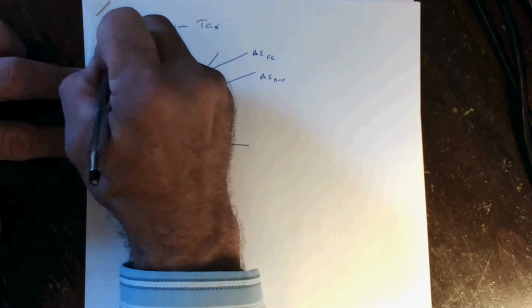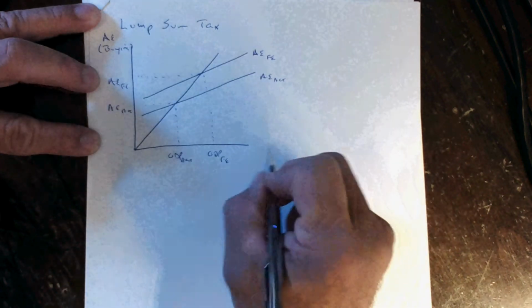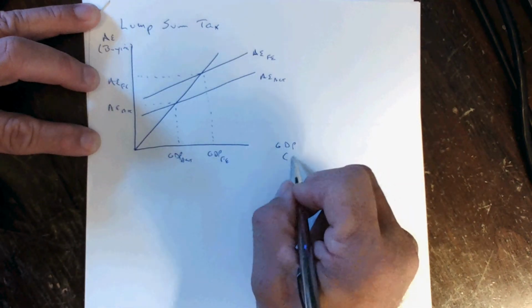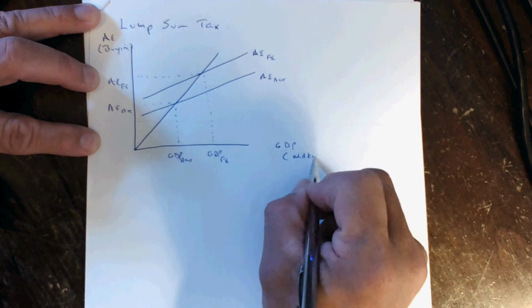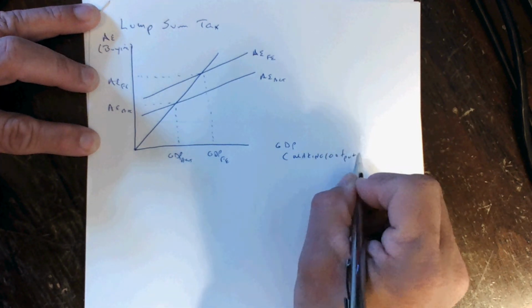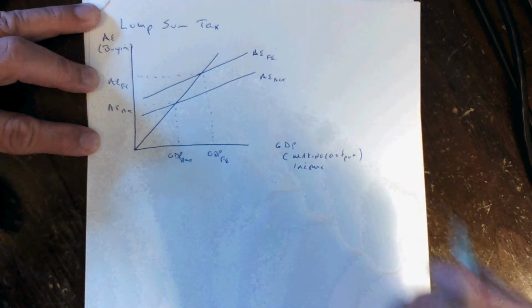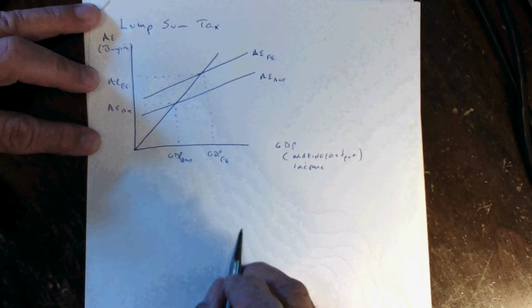This is aggregate expenditures. Again, think of that as buying. This is gross domestic product. Think of this as making, output, for example, and income. So we have all three measures of GDP on the graph.